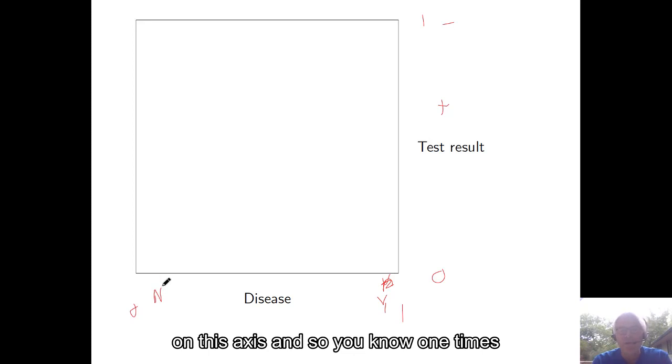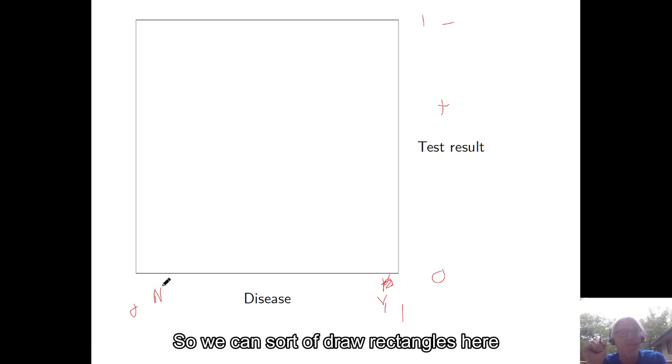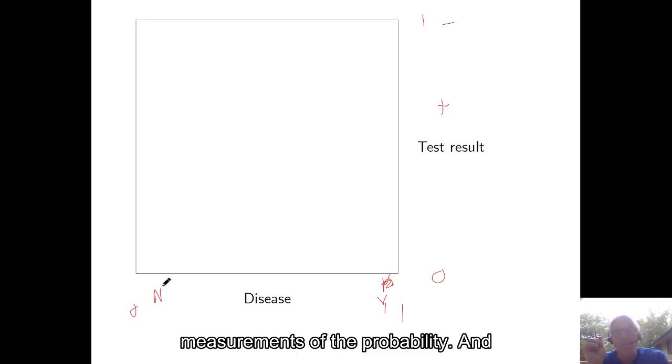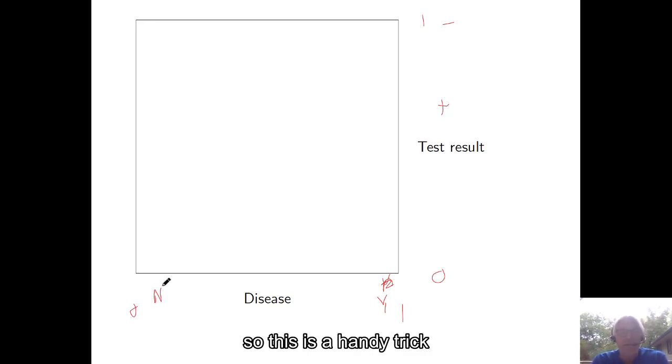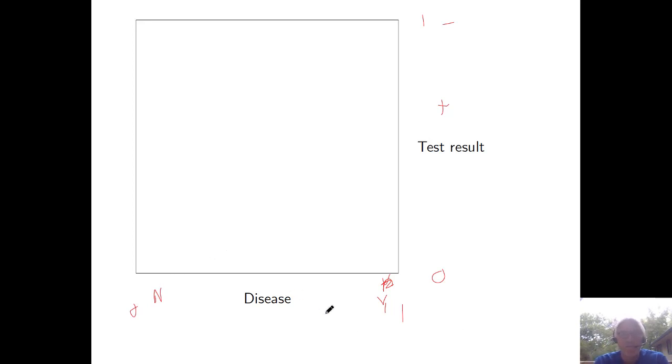And so, 1 times 1 for the dimensions of the square is a probability of 1. So we can draw rectangles here and use the areas of those rectangles as measurements of the probability. And this is a handy trick that works in some cases with conditional probability.